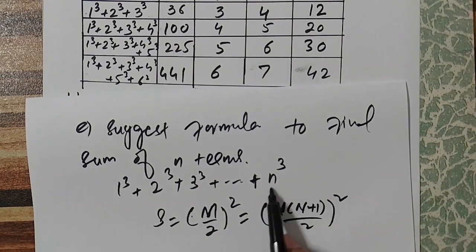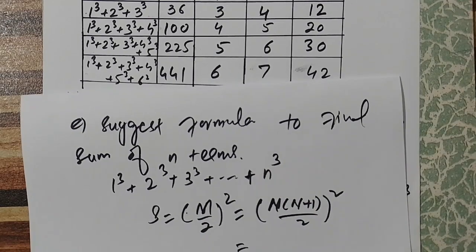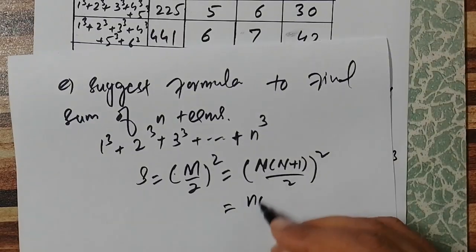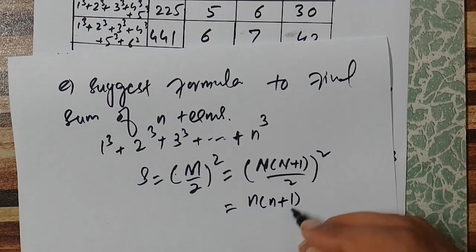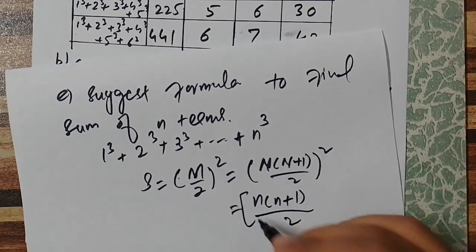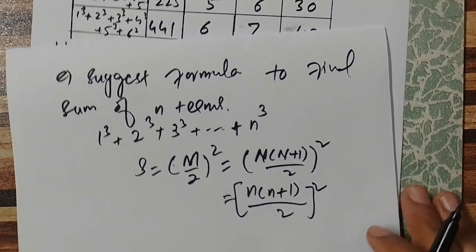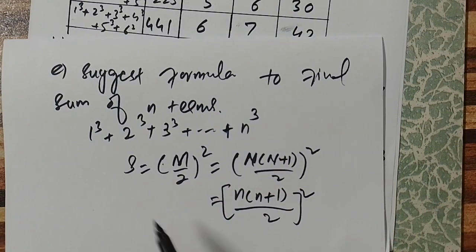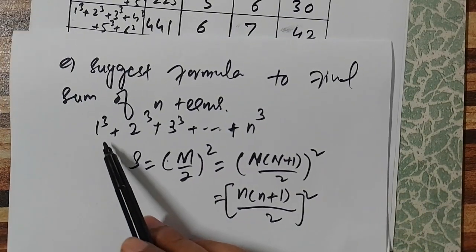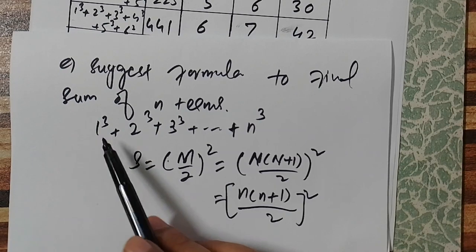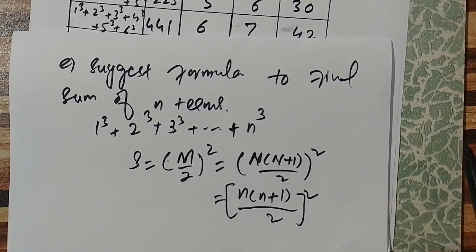But as this value is given in terms of small n, I can replace this capital N by small n to make the formula n into n plus 1 divided by 2, whole square. So this can be the formula to find the sum up to n terms if the terms are in the form of cubes, 1 cube, 2 cube, 3 cube up to n cube.